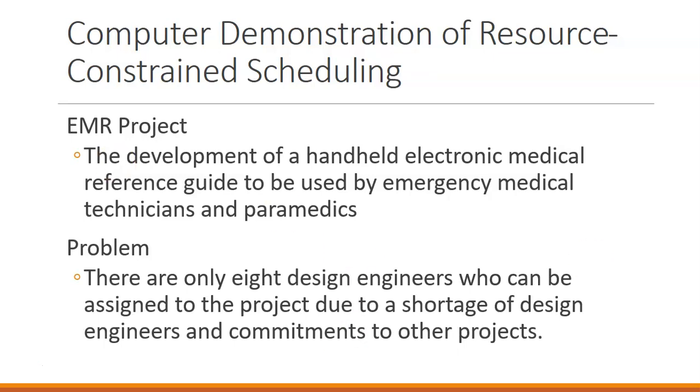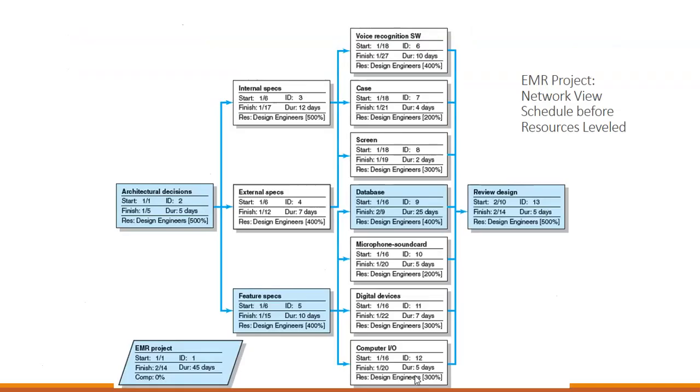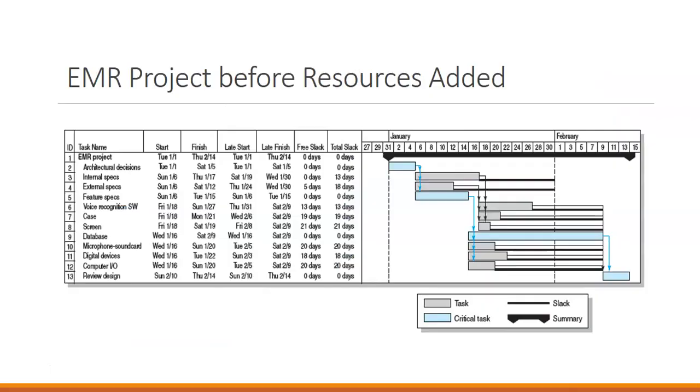So when we look at how this would happen in a computer project, we have our project network view schedule before the resources are leveled and how many project engineers or design engineers we need at any given time.